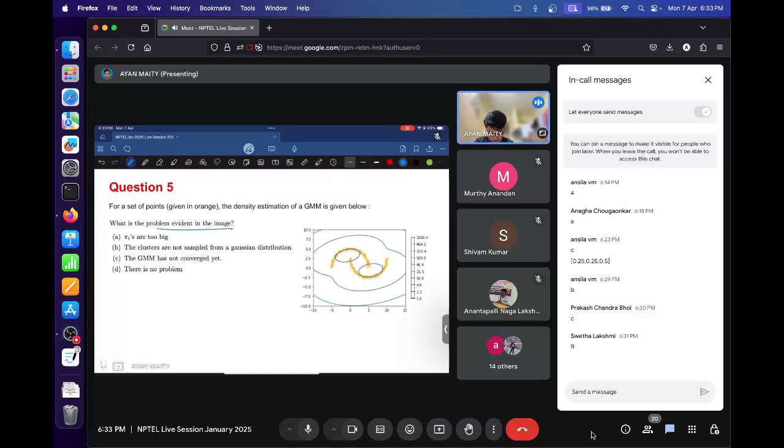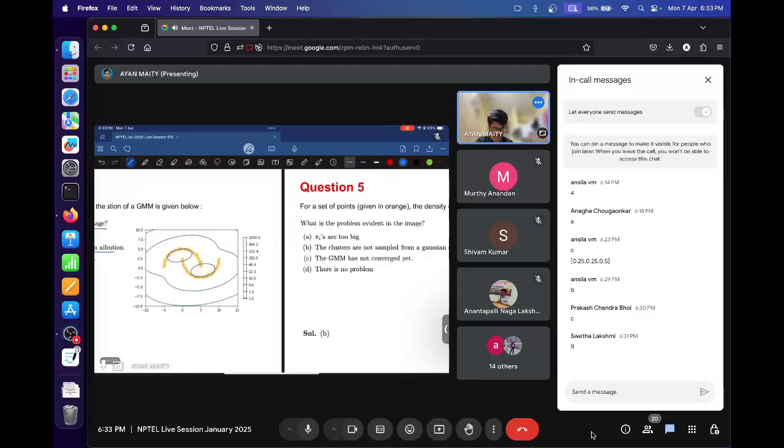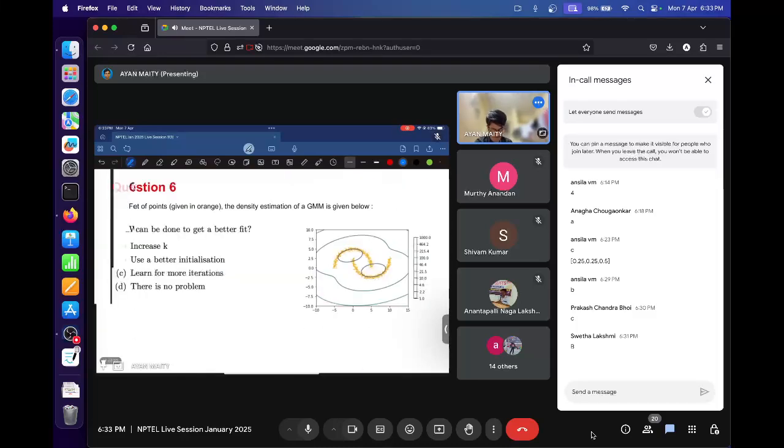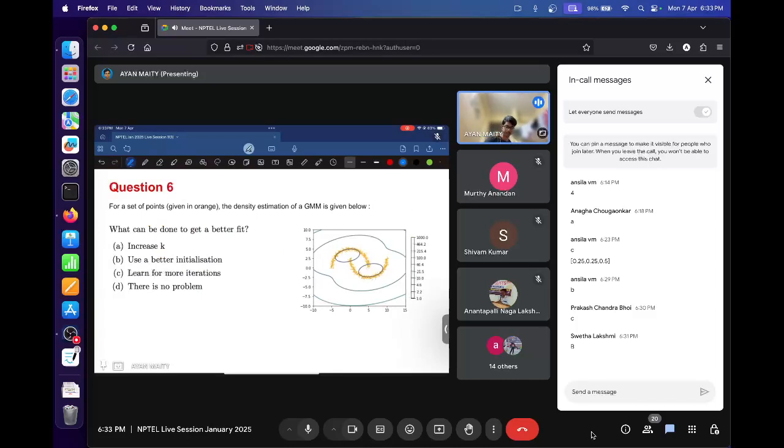So that is the main problem, that the clusters are not sampled from a Gaussian distribution, because the shape of the clusters is very different from Gaussian-like shapes. And a related question to this: what can be done to get a better fit? What can be done to get better clusters, basically?